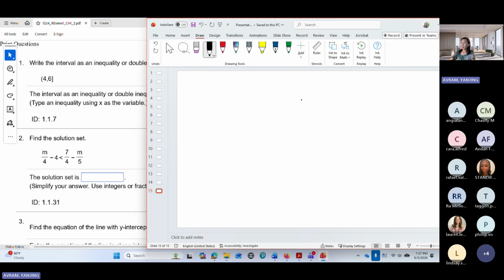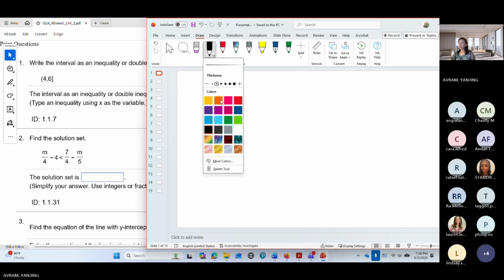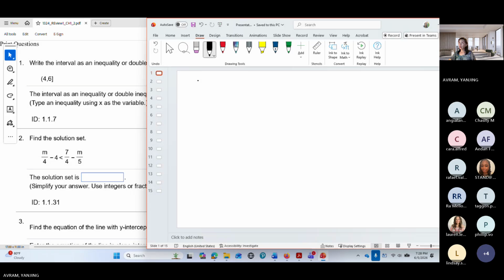Okay, so the first one right here. Okay, we have 4 and 6. So 6 with the bracket, right?